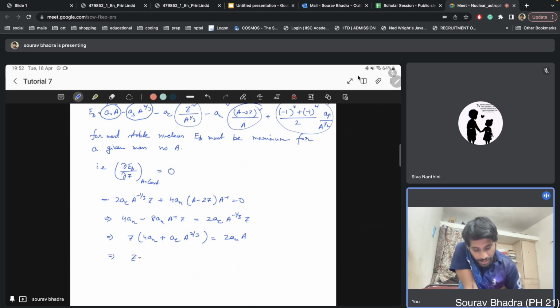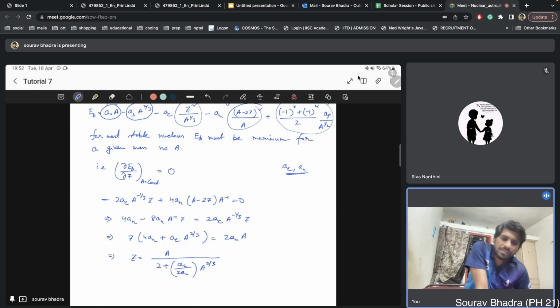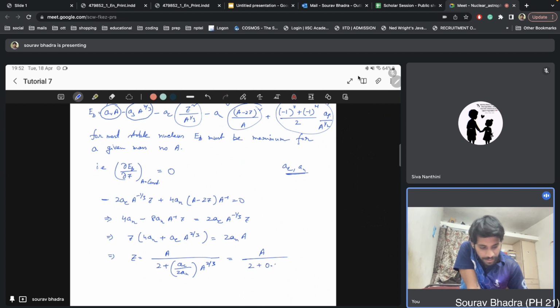So you can write Z as A divided by 2 plus AC by 2AN A to the power 2/3. If you use the values of AC and AN that I wrote in the last class, which I don't remember right now, you will get an expression like this.